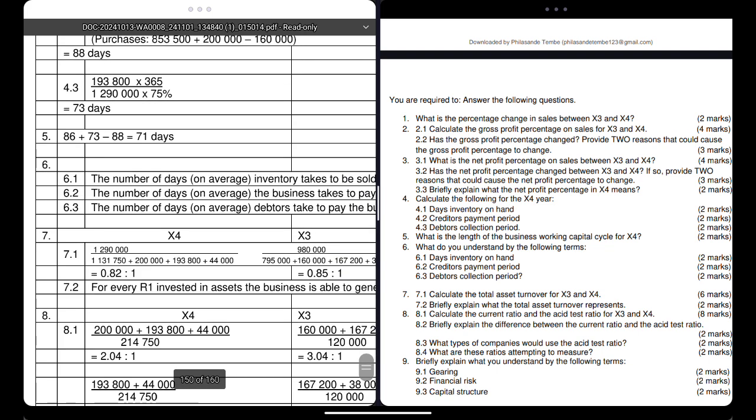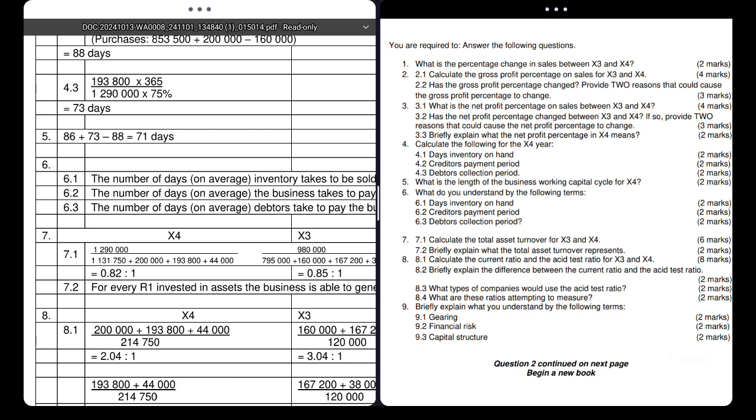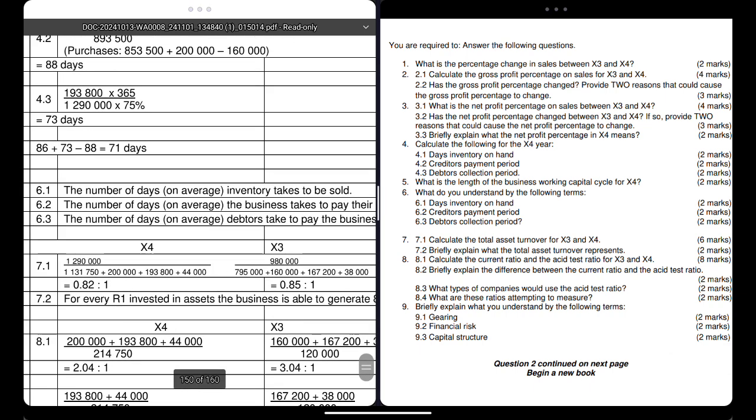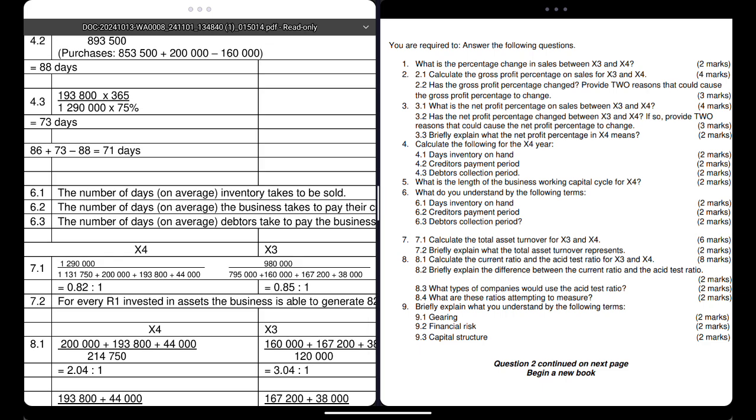So 6.1, what do you understand by days inventory on hand? It's the average number of days it takes for inventory to get sold in a business. For example, if it was 50 days, it takes 50 days on average for inventory to go out from the shop to get sold. Obviously, the lower the better. Creditors payment period: on average, how long it takes the business to pay the creditors.